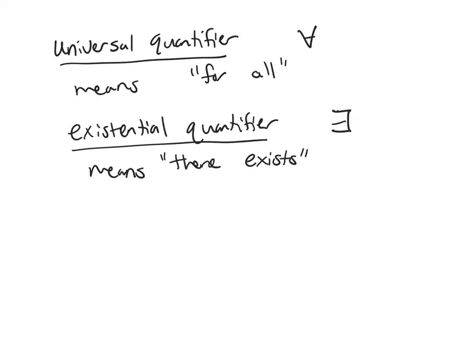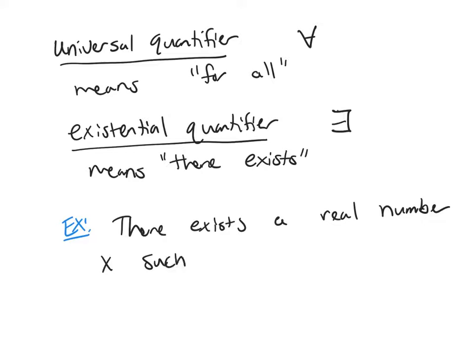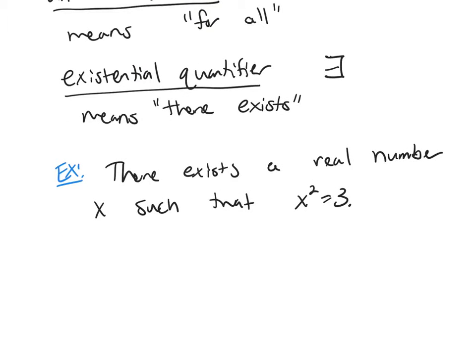So let's look at some examples of these quantifiers. There exists a real number x such that x squared equals 3. Which type of quantifier is used in this statement? It's an existential quantifier.